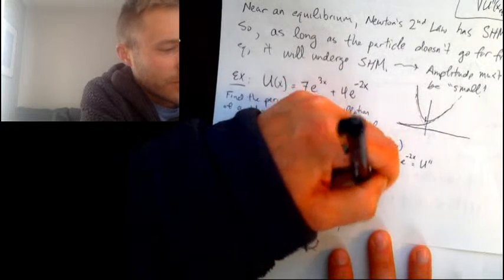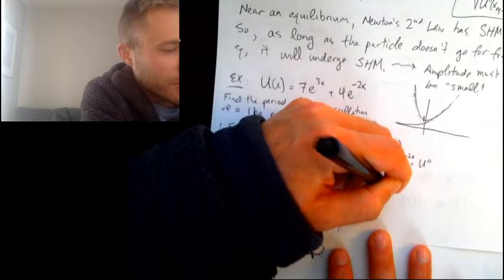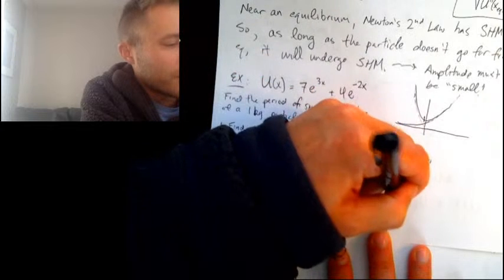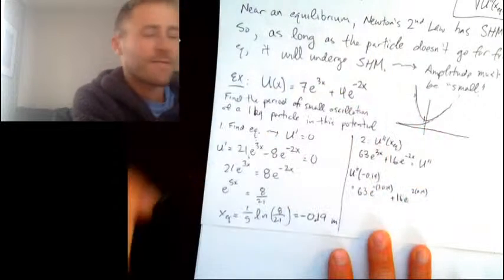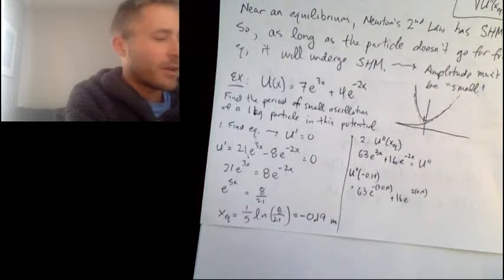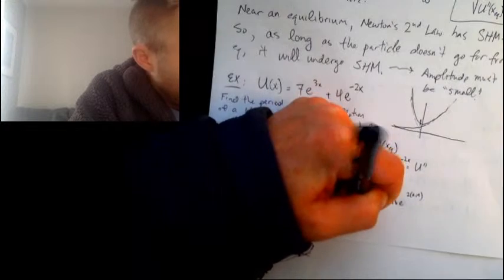So that's going to be equal to 63 e to the 3 times negative 0.19 plus 16 e to the 2 times 0.19. Plug that into my calculator, and I get that that is equal to 59.